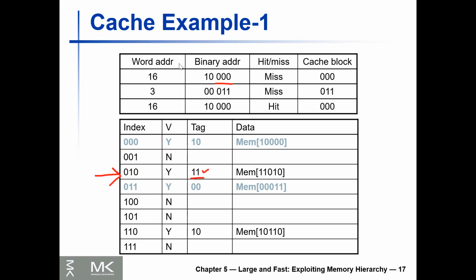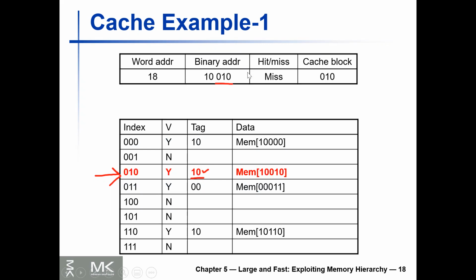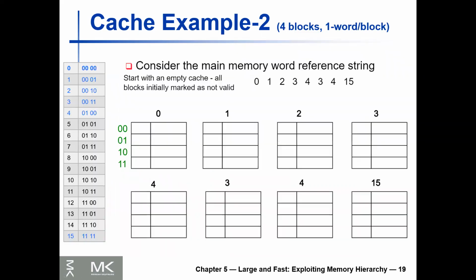But 11 was stored previously. Now when we are accessing this one, it is going to be replaced, because this particular block can map four different addresses. We know that. So what is present can be overwritten by another one as per the requirement of the processor, whatever it is looking for. So this is overwriting here. The red one is showing the overwriting.